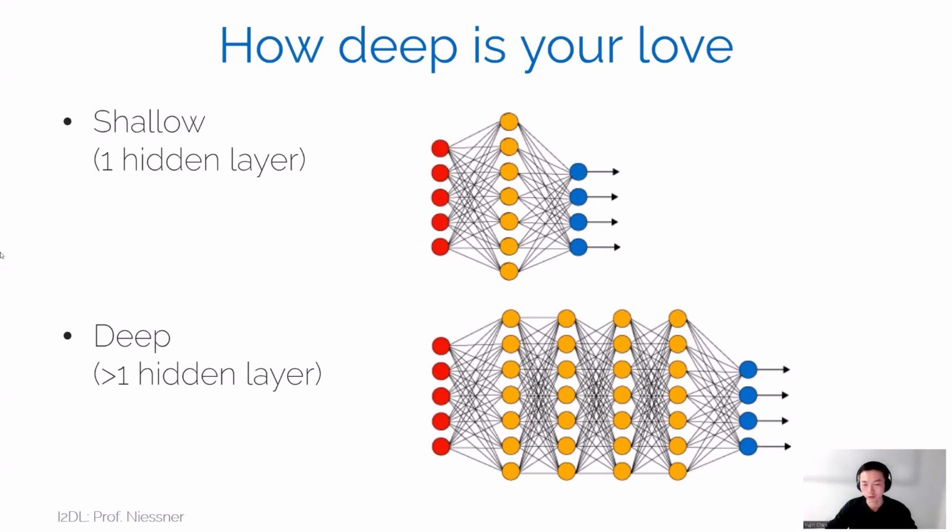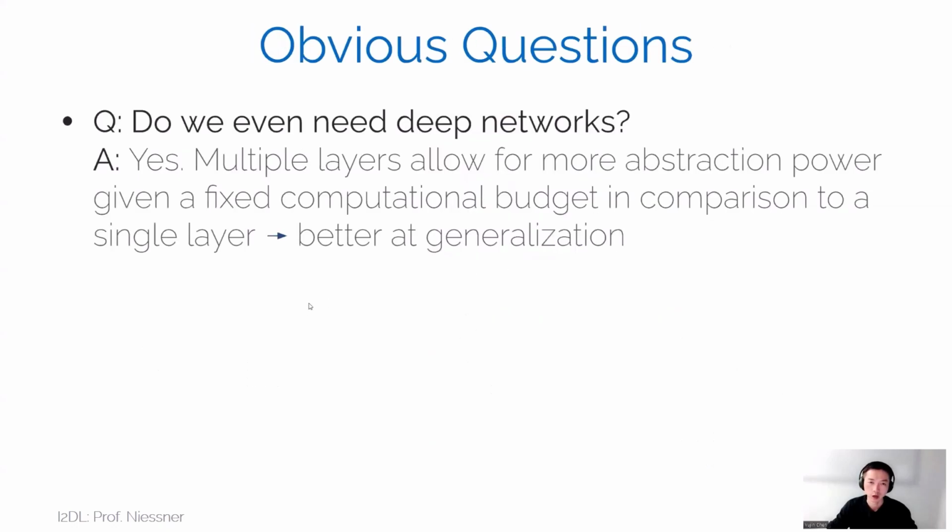It may have two or even more, but there are some obvious questions. First of all, do we even need deep neural networks? The answer is yes, since compared to a single layer neural network, multiple layers allow for more abstraction power given a fixed computation budget.